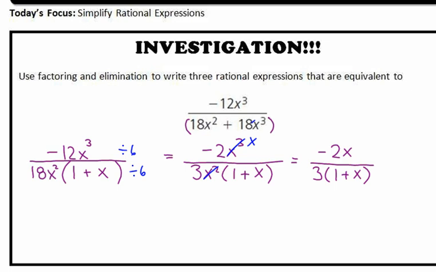Now, could we have simplified the x's and the 6 at the same time, like divide by 6x squared right off the bat? Yeah, we didn't have to do them separately, but they want us to write 3 equivalent expressions. NPVs. When we state our non-permissible values, you always have to go up before cancellation. So factored form before cancellation. Because guess what?